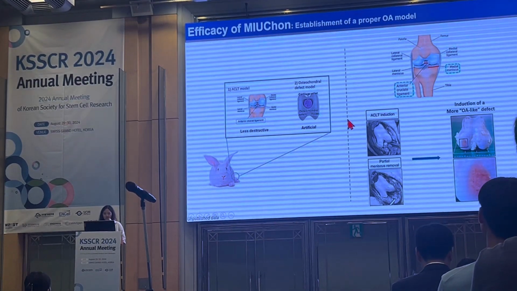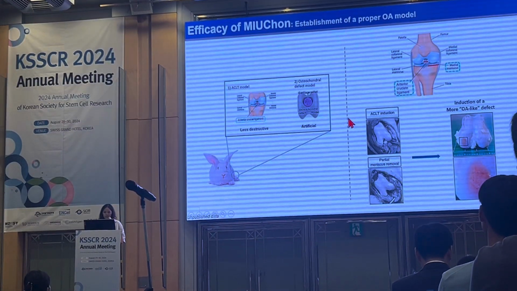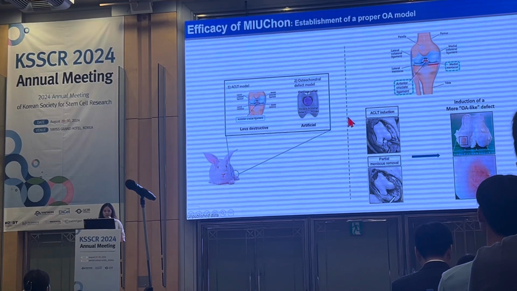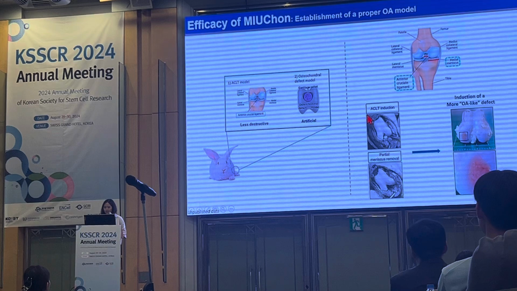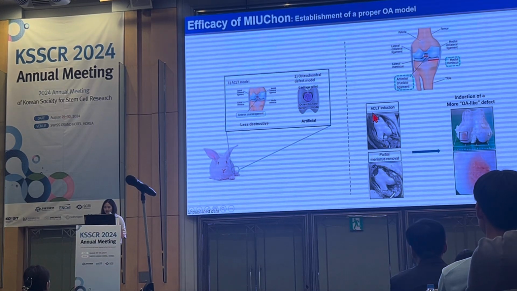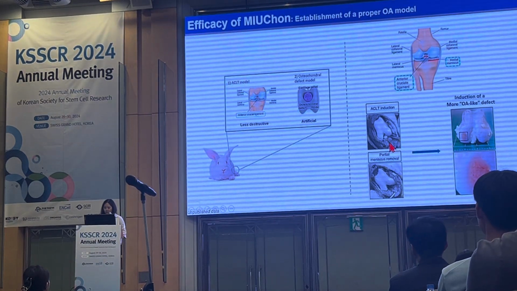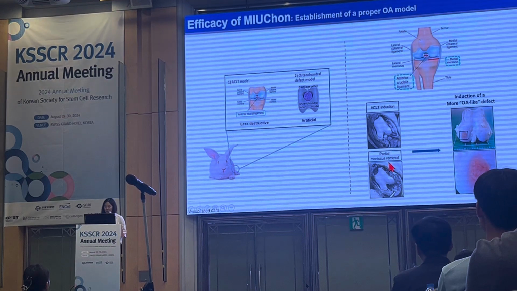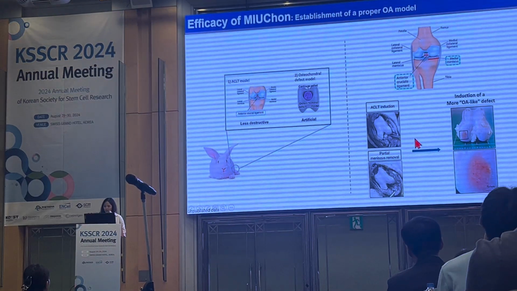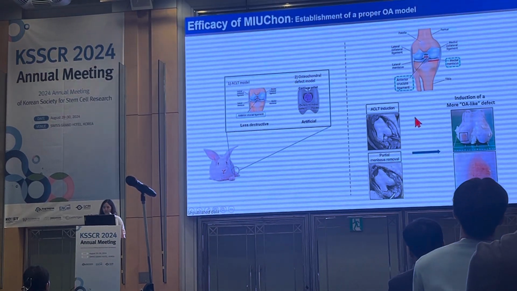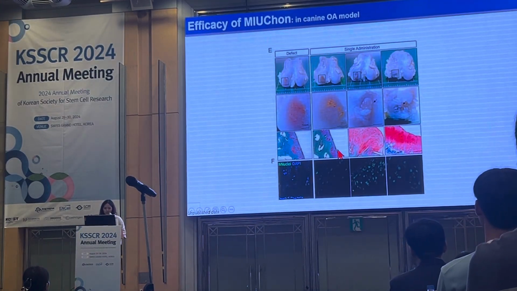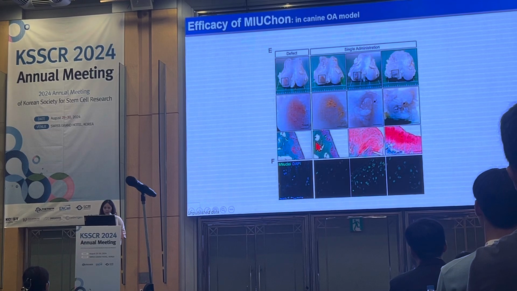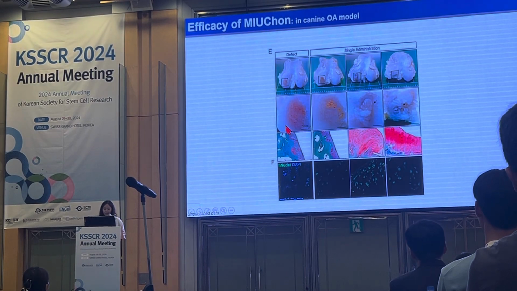And on the other hand, the osteochondral defect model was too artificial compared to the actual clinical features. So what we did is that we induced ACLT and also partially removed some part of the meniscus to induce a more OA-like defect in the canine models.